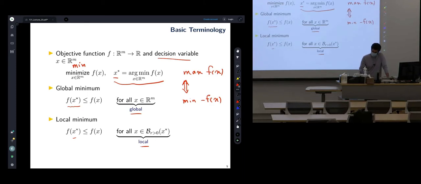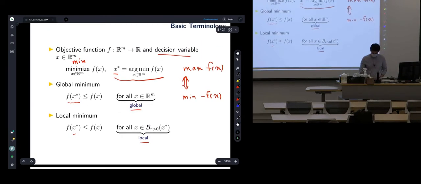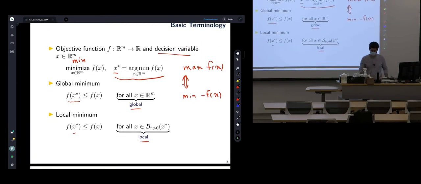But in practice, we just don't really care. We just write the optimization function and solve for a local minimum. We'll talk about when local minimum becomes a global minimum. That's very important. So that's the terminology that we will work with and use.